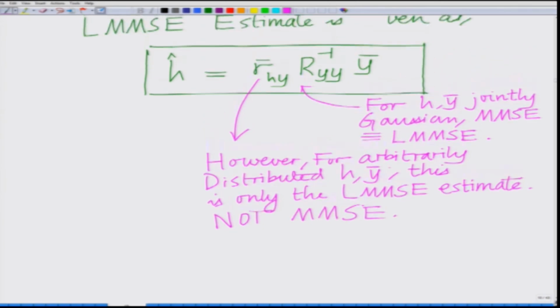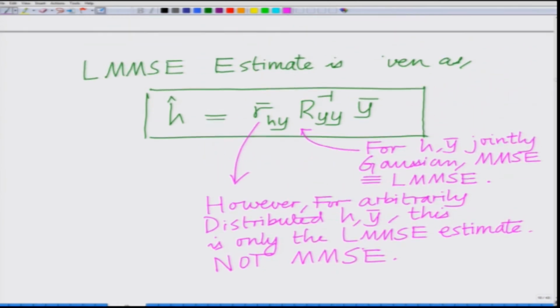So, what you can see is, if the joint probability density function of the observation vector Y bar and the parameter h is Gaussian, then this expression R_hY into R_YY inverse into Y bar is basically the MMSE estimate itself.